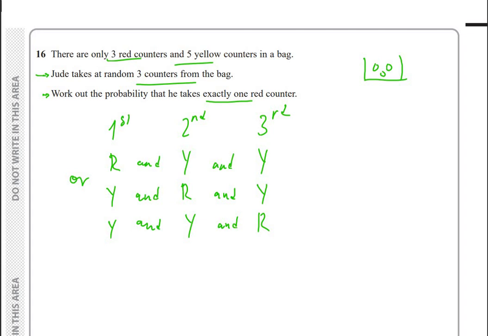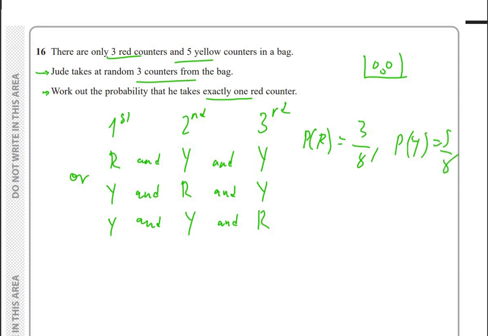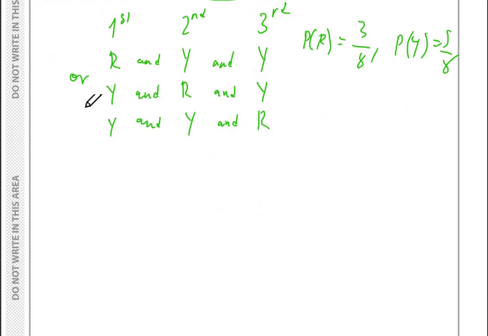Alright, so saying that, the probability of actually taking a red out is 3/8, and the probability of taking a yellow is 5/8. So the probability of taking a red counter in this case is 3/8.